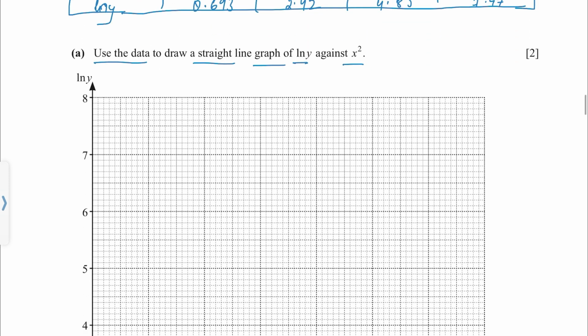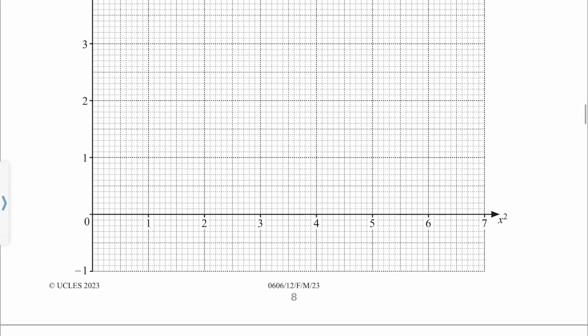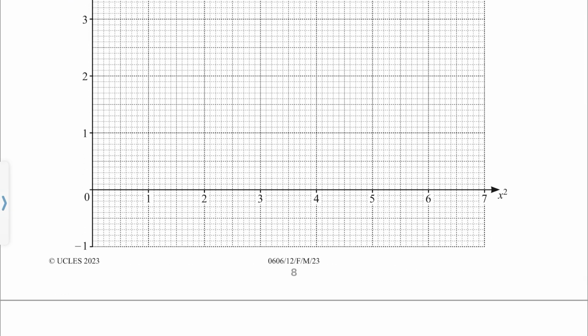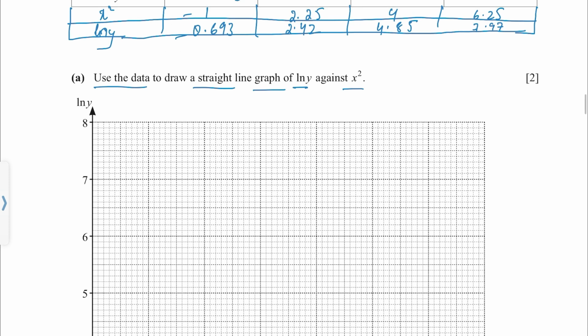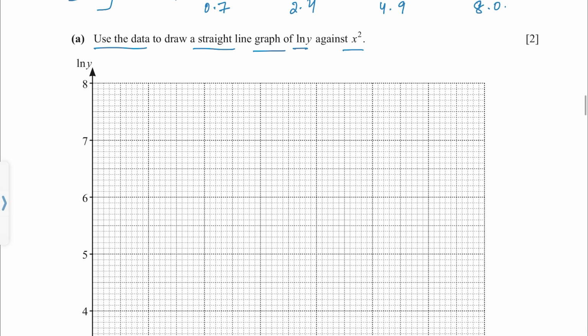So we'll be drawing this graph of x squared and ln y. We'll be estimating this, so this would be 0.7, this would be 2.4, this would be 4.9, this would be 8.